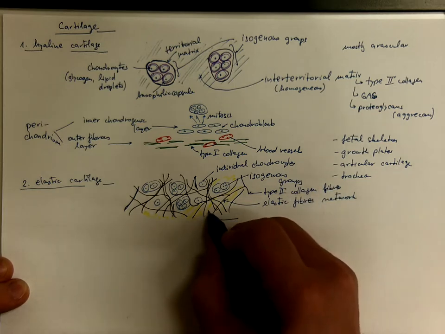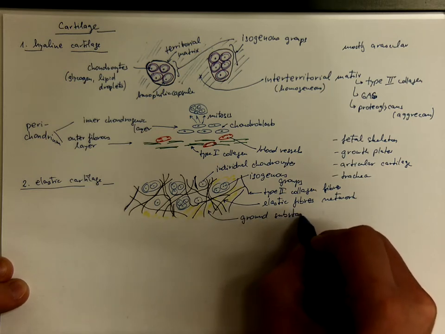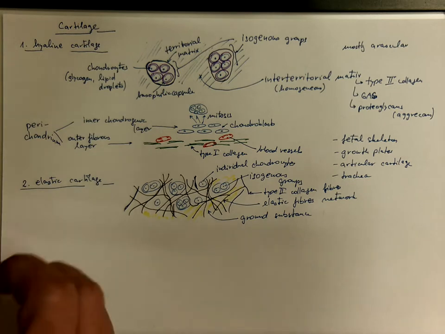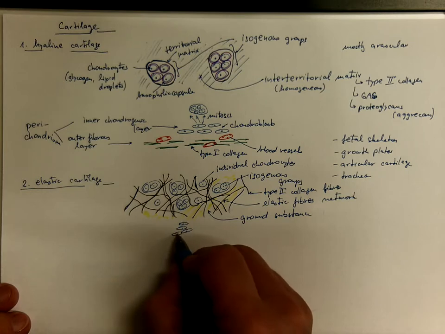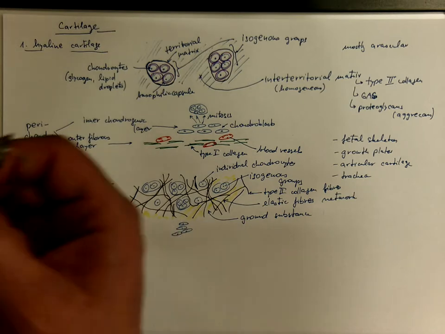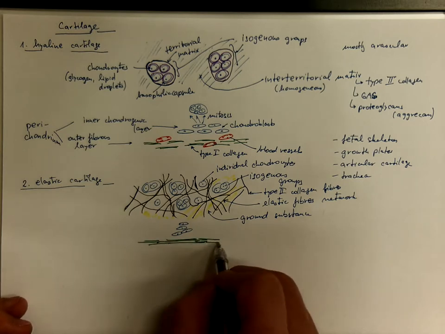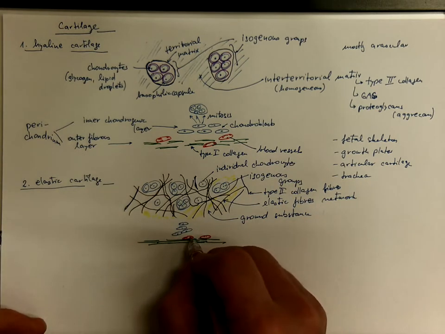And we got the ground substance. Again, no blood vessels if it's a mature cartilage and not a growing or embryonic cartilage. They are chondroblasts of the inner chondrogenic layer of perichondrium, and there is this type 1 collagen in the fibrous layer of the perichondrium where most of the blood vessels end.